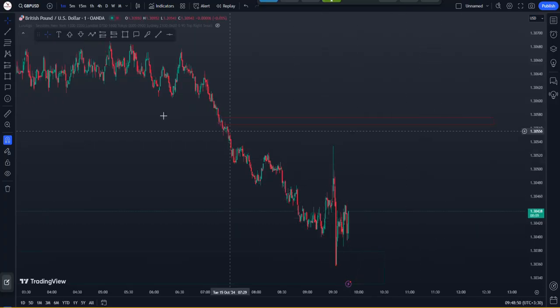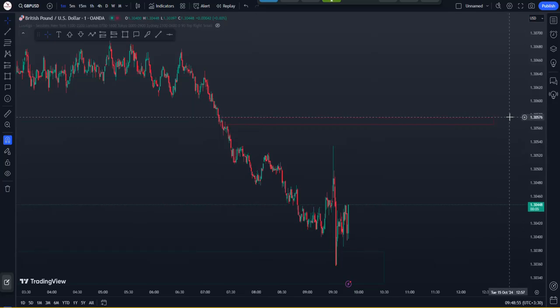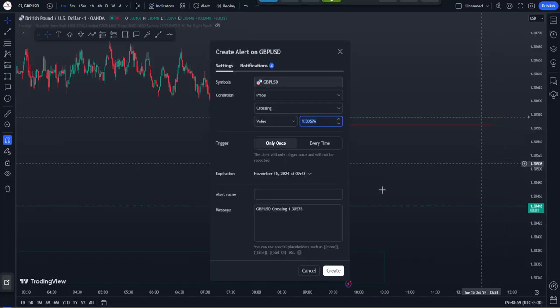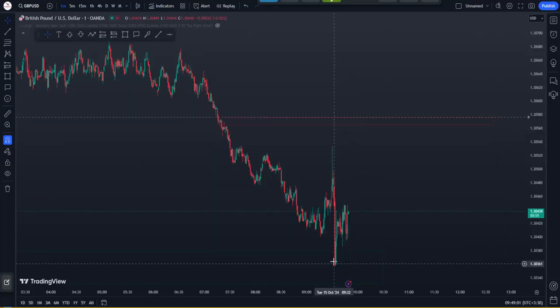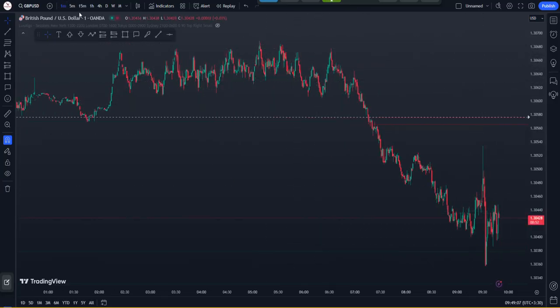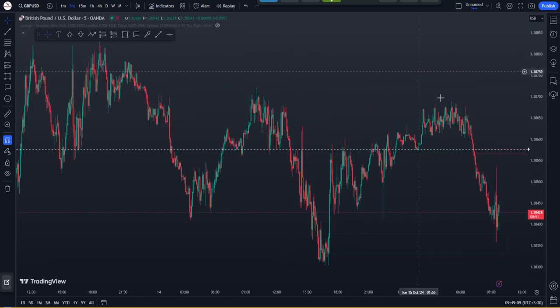We need to do that. So I put my alert here. When this one is engulfed, I can go. I can decide that price wants to go above these highs at the first target.